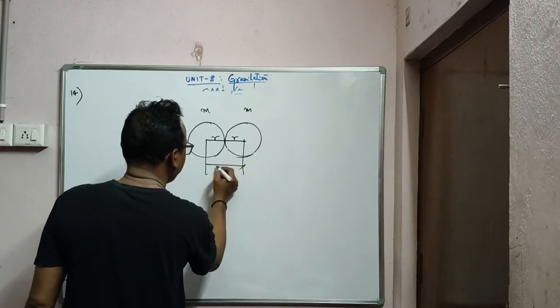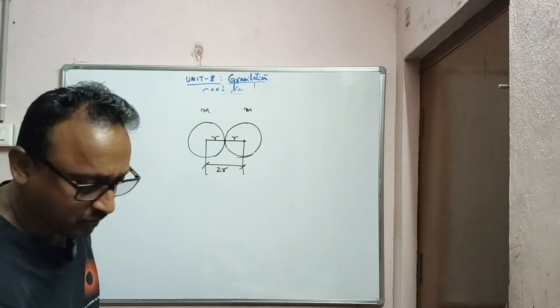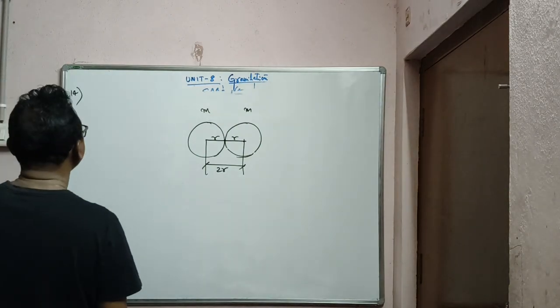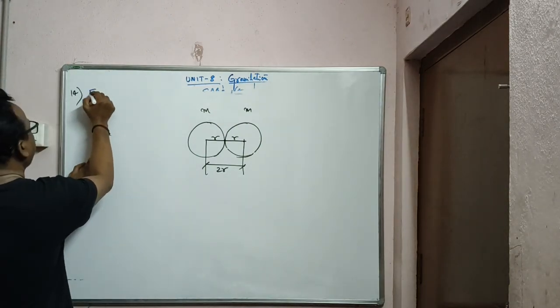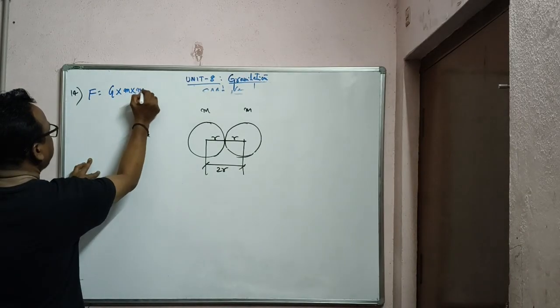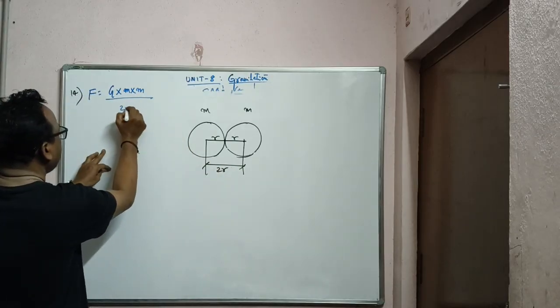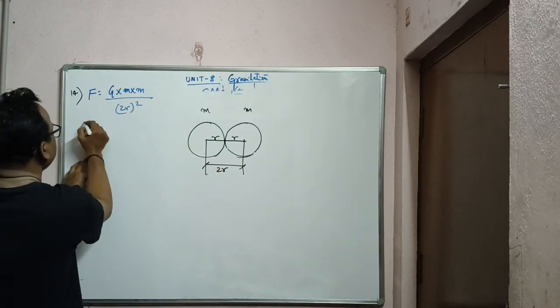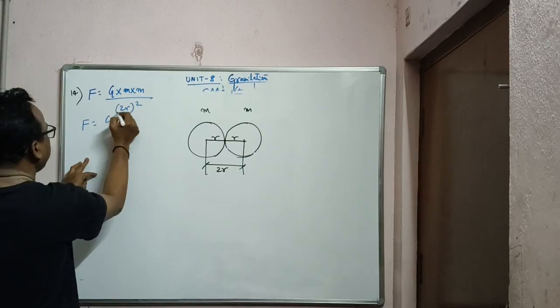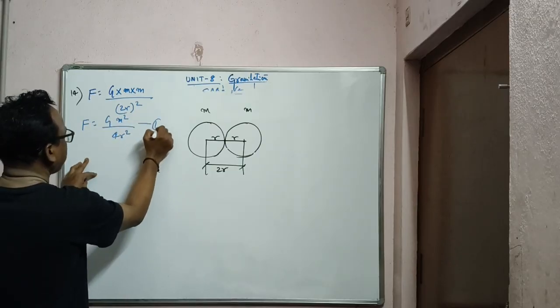R plus r, that is 2r, both are in contact. Now what is the attractive force between them? Force of attraction according to Newton is G m1 m2 by d square, that is G m into m by d square. What is the distance between them? 2r whole square. So F is equal to G m square by 4r square, equation 1.